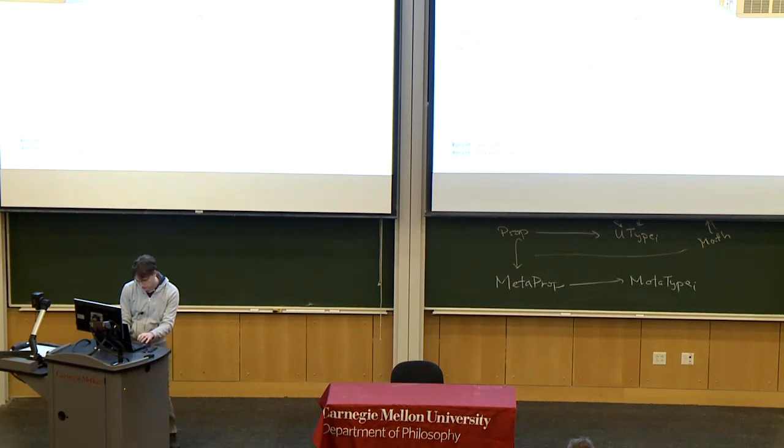Let's see. Yeah, we can go to the definition. This is a class which allows you to lift elements from the first type alpha to the second type beta, assuming that some condition is true.